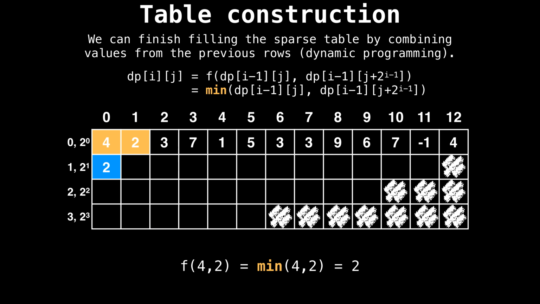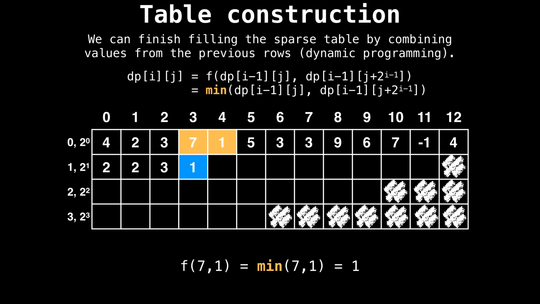We can finish filling the sparse table by combining values from the previous rows. So here we would take the minimum of 4 and 2, and here the minimum of 2 and 3, of 3 and 7, and so on for the rest of the row.